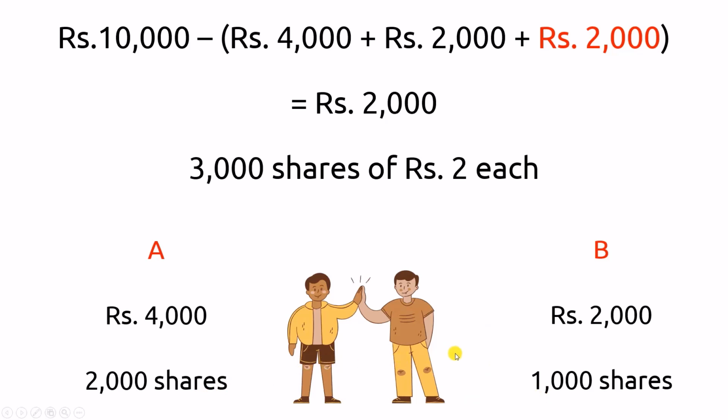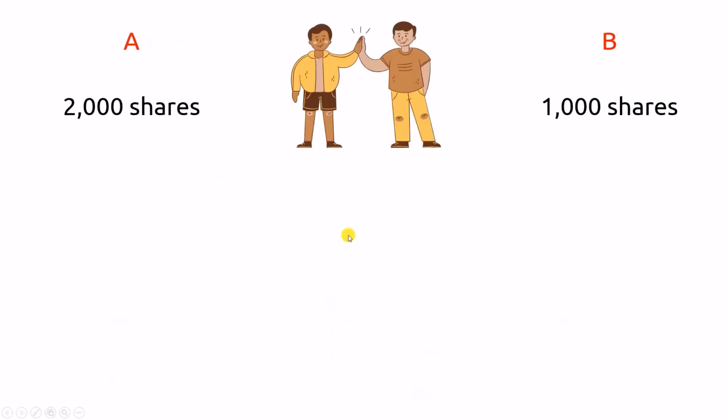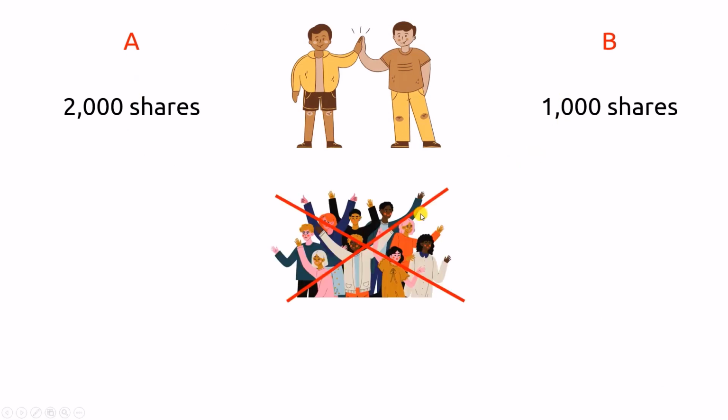They do not go for an IPO. They do not sell the shares to the public. They do not offer it to the public. Okay. So it is A and B who own all the shares of the company and the public doesn't have anything.